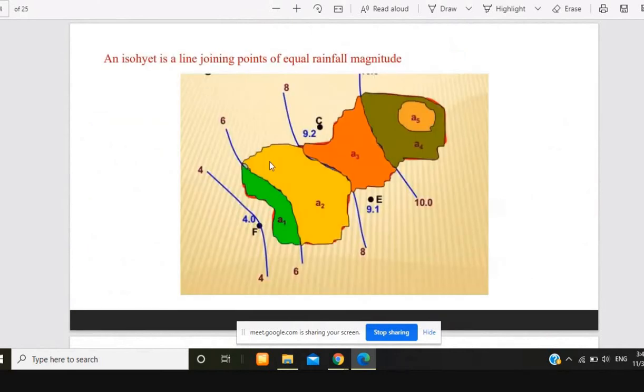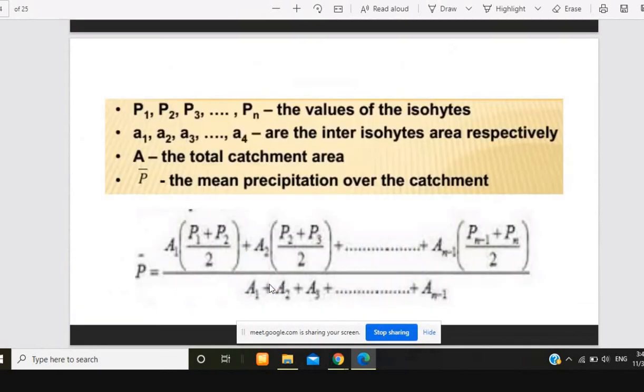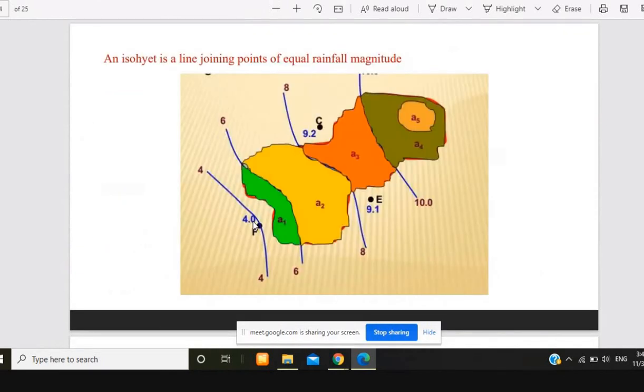Here you can see, when we obtain our isohyet map, the values of the isohyets will be given, and the area which comes within the isohyetal values will be represented. In the last question, that is in the Thiessen mean method, a rain gauge station influences only a single area. But in this isohyetal method, an area is influenced by two isohyets or two rainfall depth values.